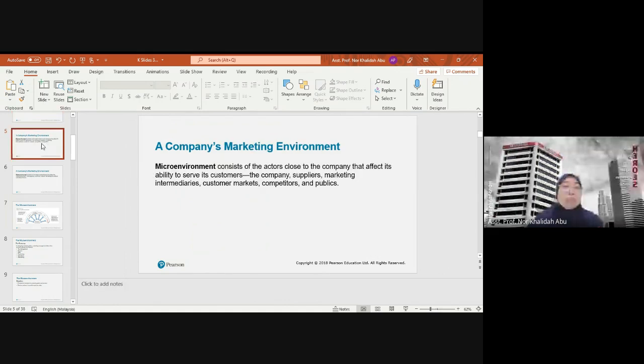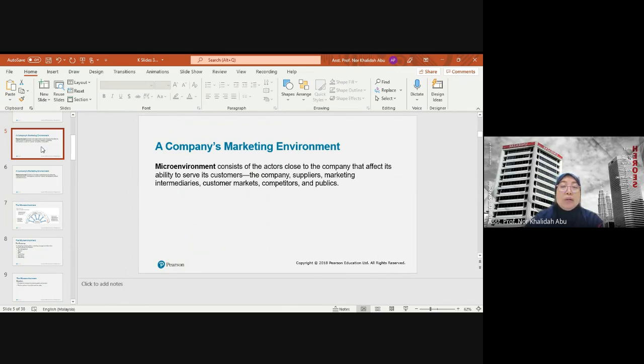There are two parts of this marketing environment. The first one is what we call as micro environment, and the second would be macro environment. So what's the difference between these two? Microenvironment consists of the actors close to the company that affect its ability to serve its customers.